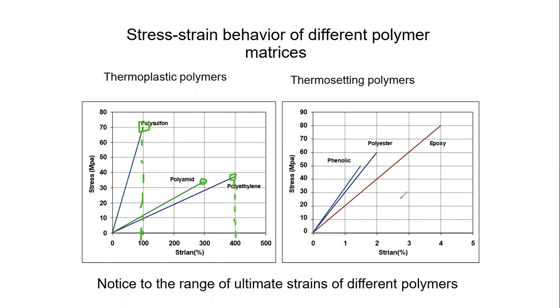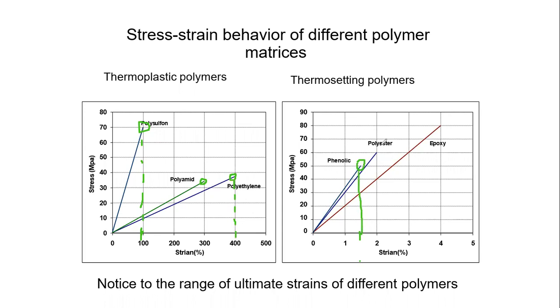Coming to the thermosetting polymers, the phenolics have 50 megapascals of stress and 100% up to 150% of strain. That is 150% of strain is here.